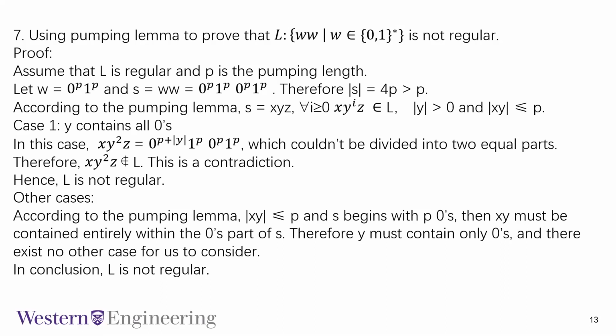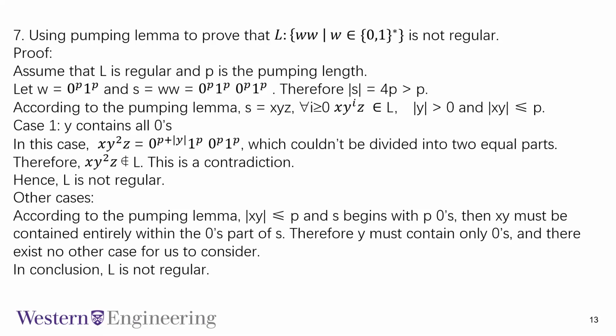According to the pumping lemma, S can be divided into 3 parts X, Y, Z, and the 3 conditions need to be satisfied. Here, we also divide the scenario into different cases. The first case is that Y contains all zeros.